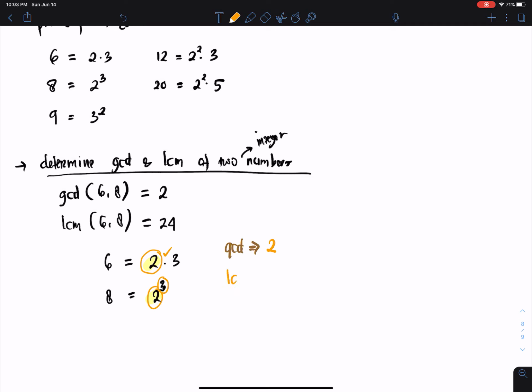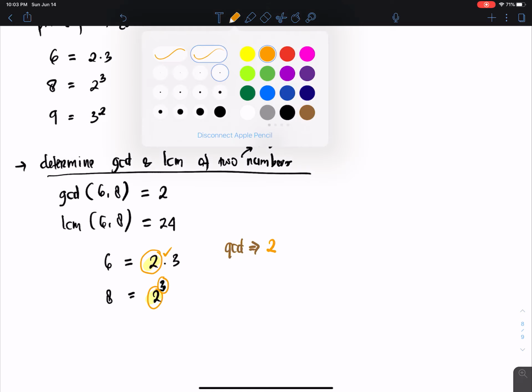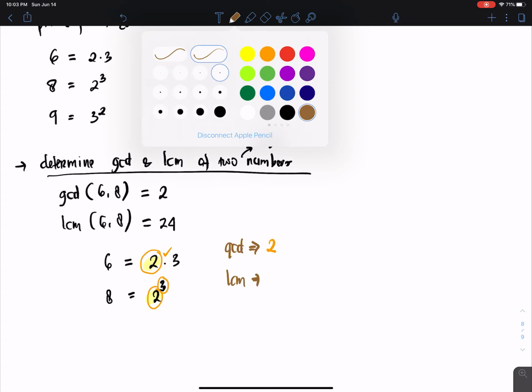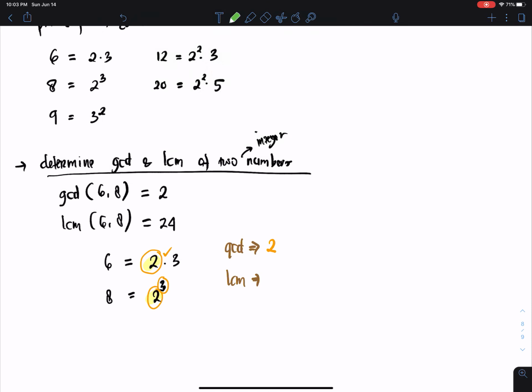For the LCM, we look at the common prime factor between the numbers, which in this case is 2, and we take the one with the highest power. So it's the other way around. For the GCD we take the lowest, but for the LCM we take the highest, which here is 2 to the power of 3. Then we take the rest of the prime factorization, which in this case is also 3, so times 3.